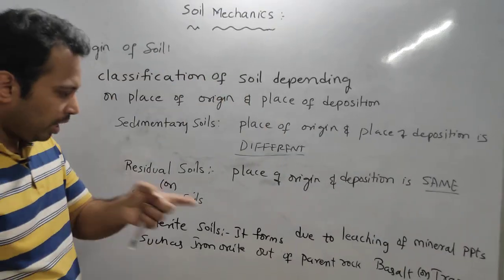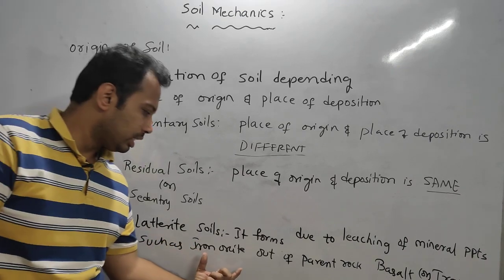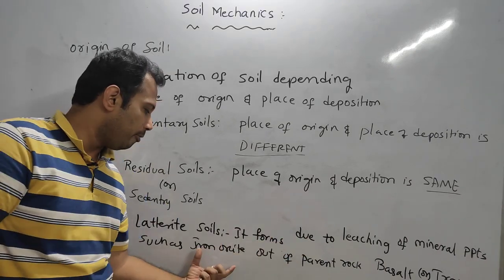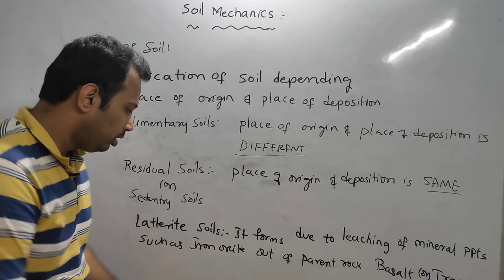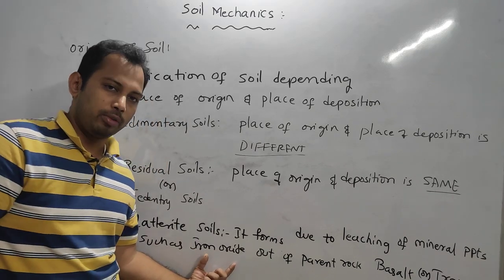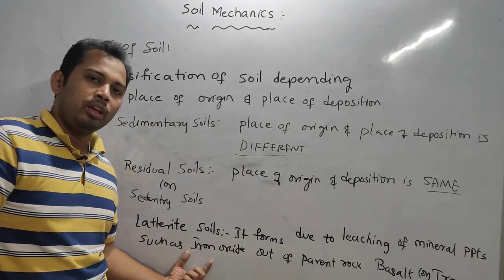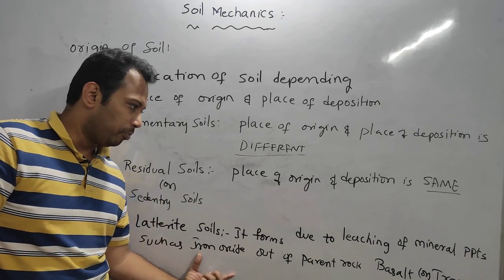These are the parent rocks out of which, generally basalt or trap will have more mineral of iron, this metallic ion. So if iron oxide forms, this mineral ion will react with the oxygen present in nature and it forms a precipitate.